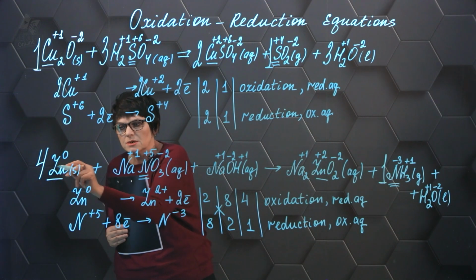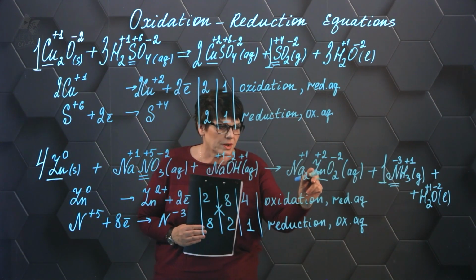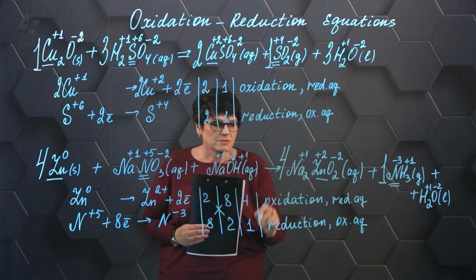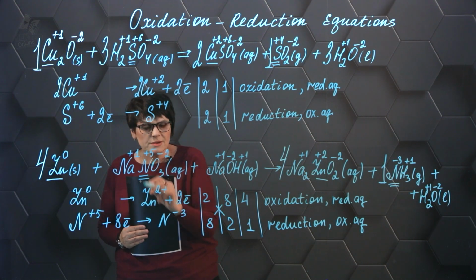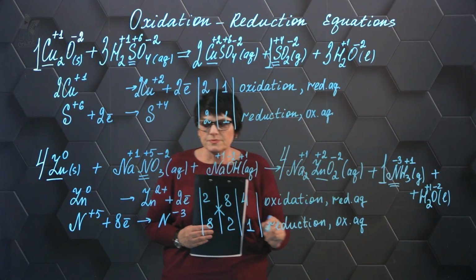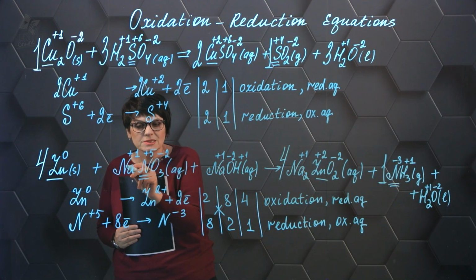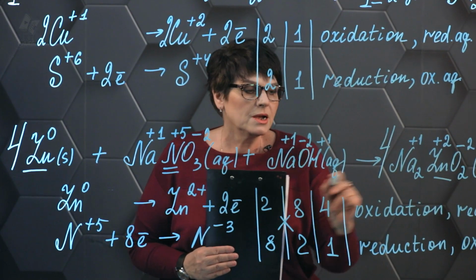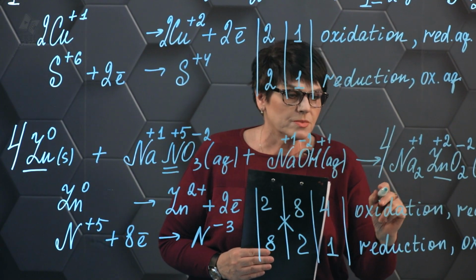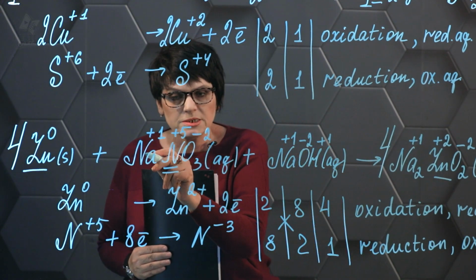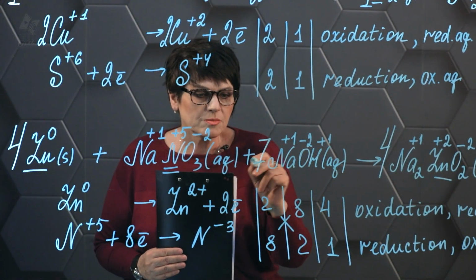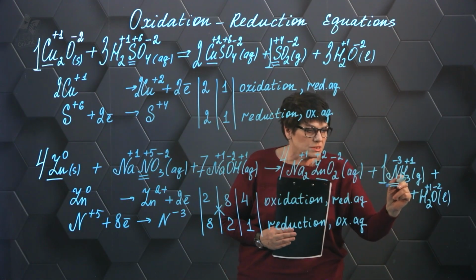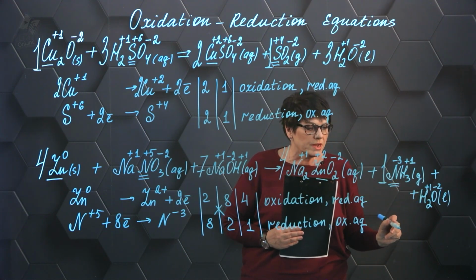Next, zinc on the left is 4, on the right is 1. Put 4. Nitrogen on the left one, on the right one. Sodium on the left one, +1, 2 sodium, and on the right 8, so there's 1 here and still missing 7. Put 7 in front of sodium hydroxide. Hydrogen 7, there's 3 and there's 2, 5.